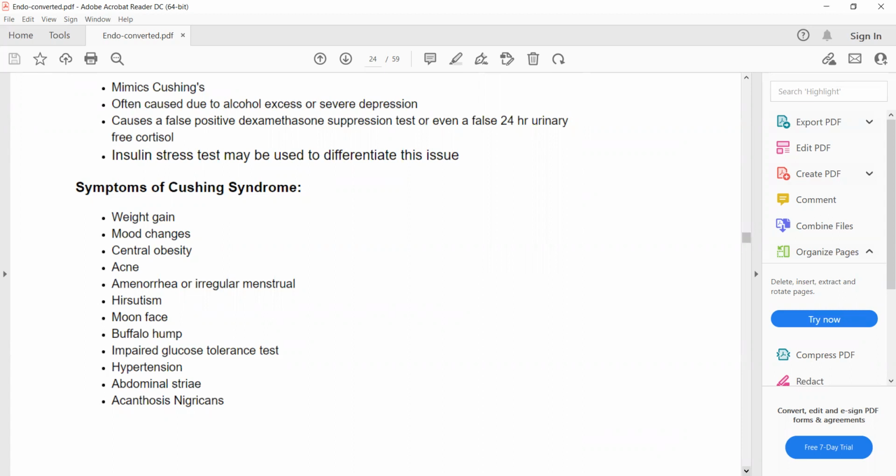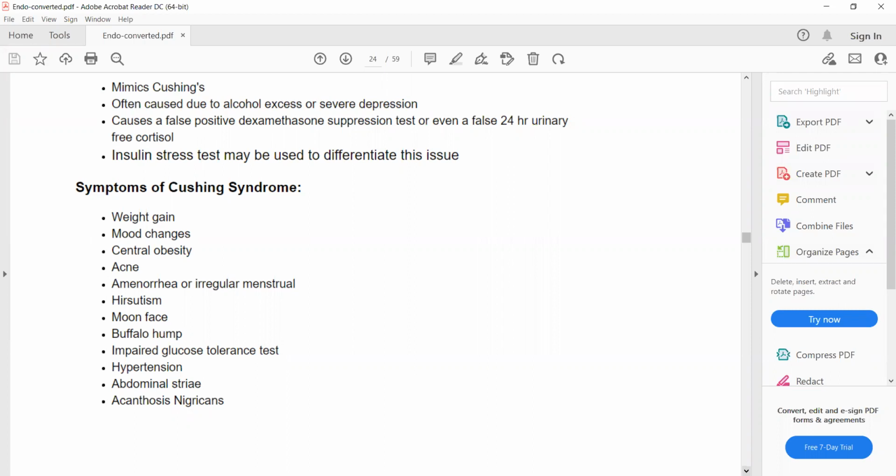So what will happen if there is hyperglycemia? Remember that if there is hyperglycemia, then insulin will be secreted as well. And insulin secretion leads to fat deposition in adipocytes. So a patient with Cushing syndrome will have hyperglycemia, and due to hyperglycemia, there is increased production of insulin.